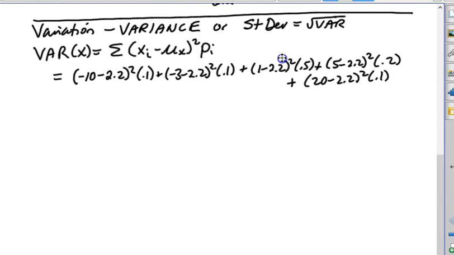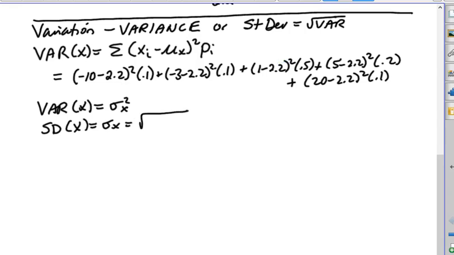And when we add all those up, that gives us the variance. However, you will notice then that variance is equal to the standard deviation of x squared. So if I want to know the standard deviation of x, I'm going to take the square root of the variance.